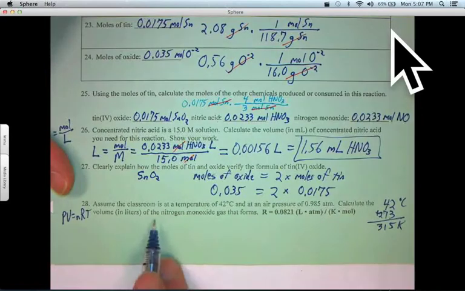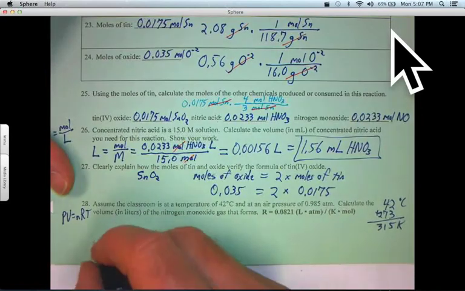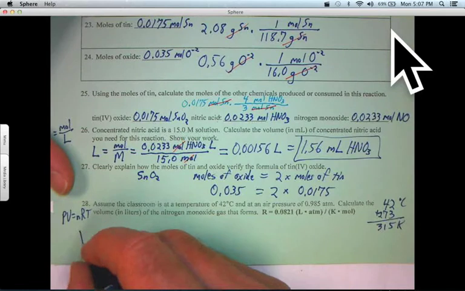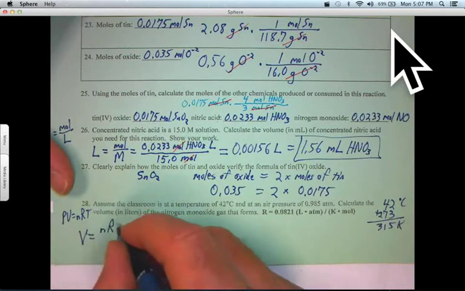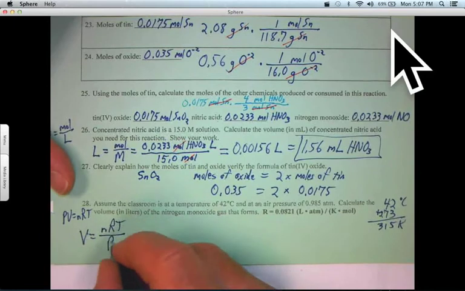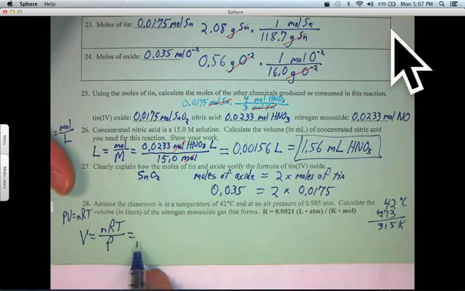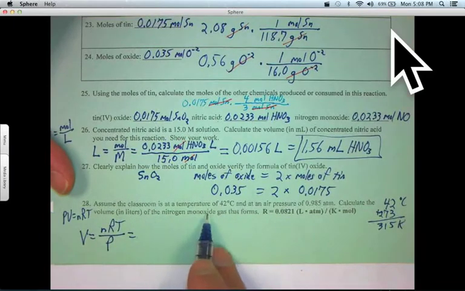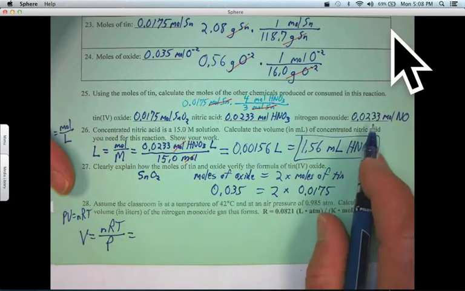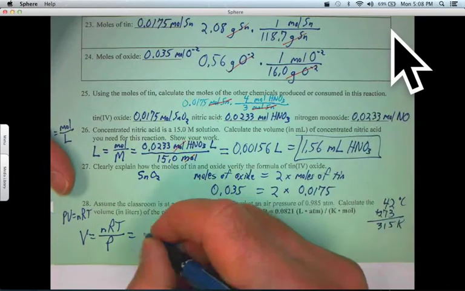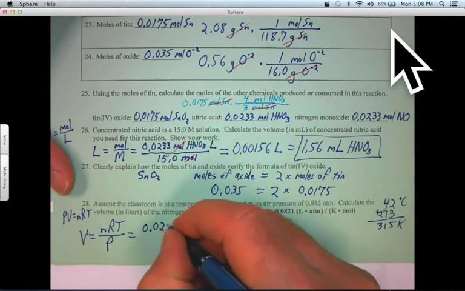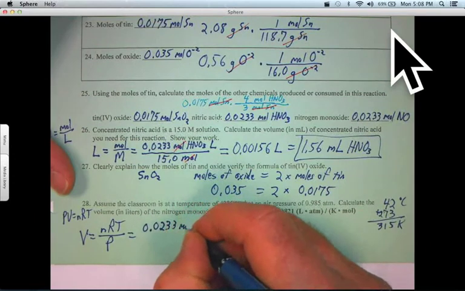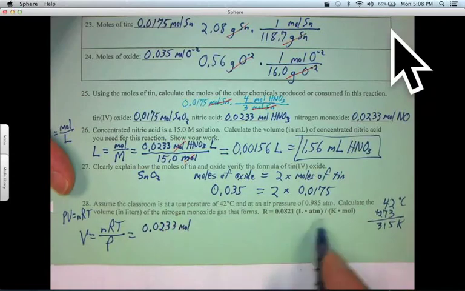It asks us for the volume in liters. So, starting over to the left, volume equals nRT over P. Now we're talking about the nitrogen monoxide gas. We've got that value here, the number of moles, 0.0233 moles times R.